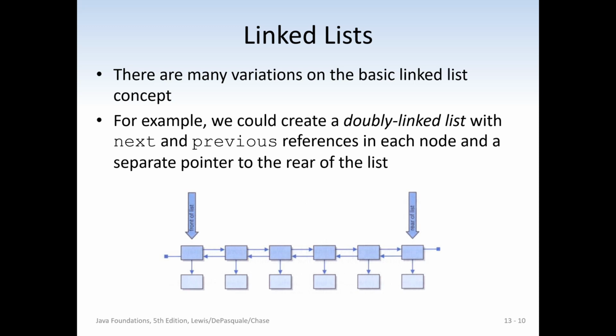We can also make these things circular linked lists, so we have a circle that goes around. The next pointer of the rear points to the head, and the prev pointer of the front points to the rear. And you could implement different types of data structures with that.